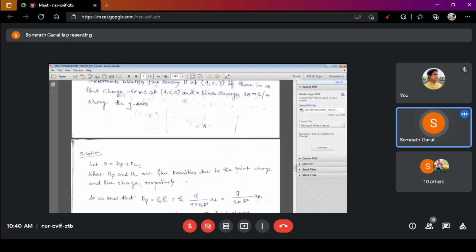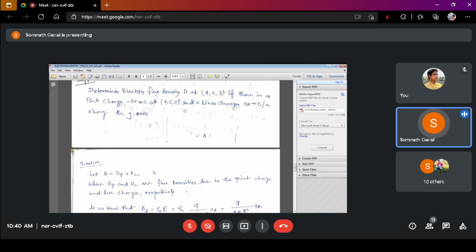So the addition of these two electric flux densities gives the total flux density with respect to that point, right?